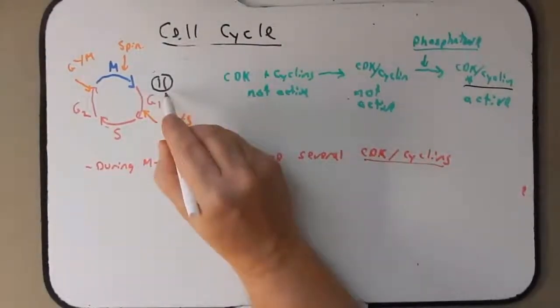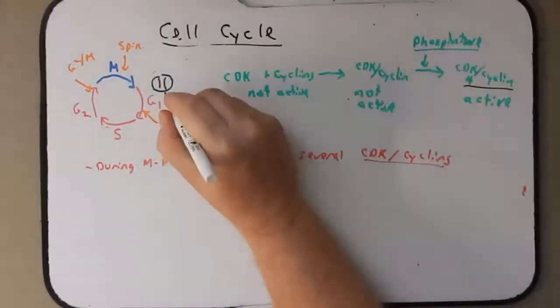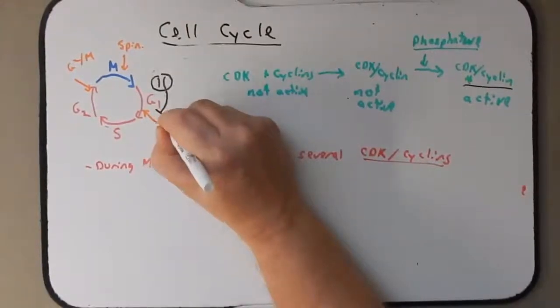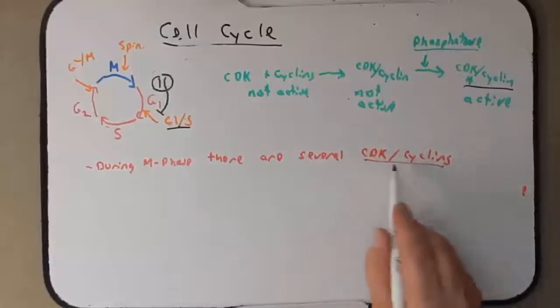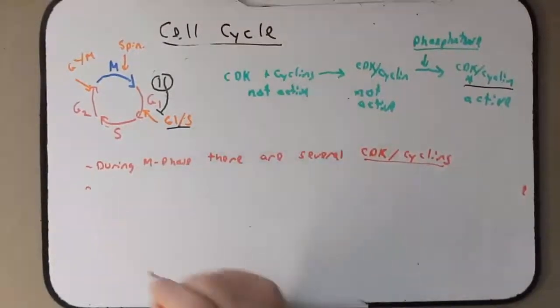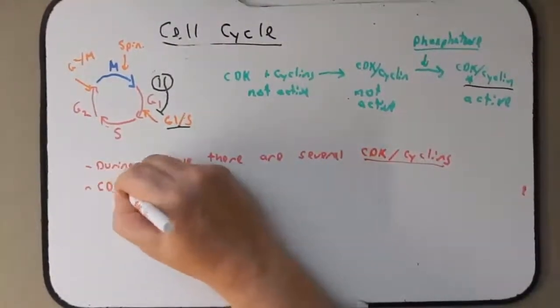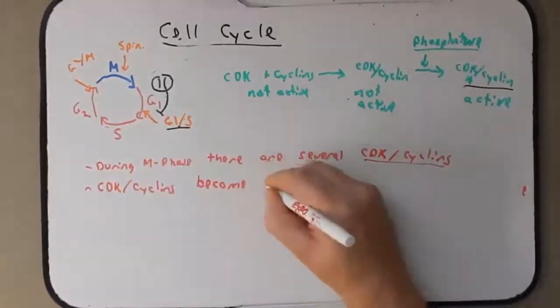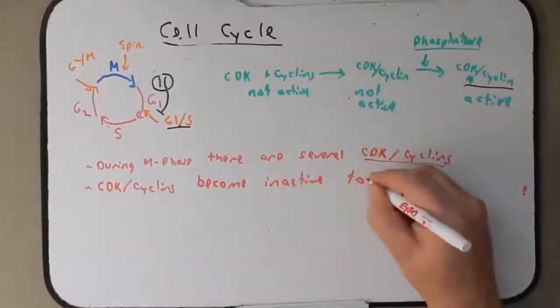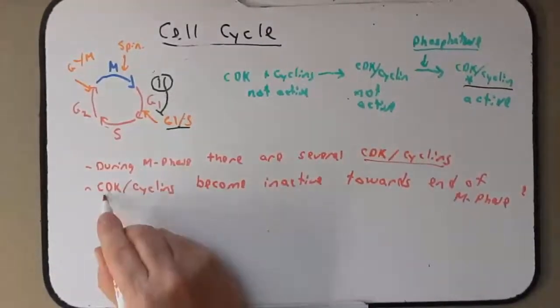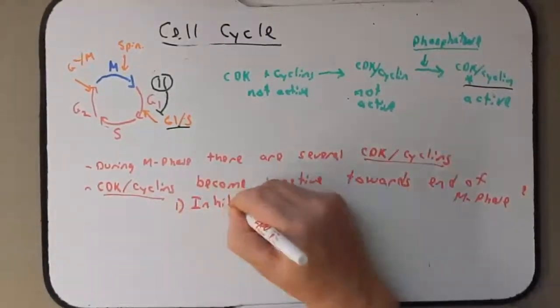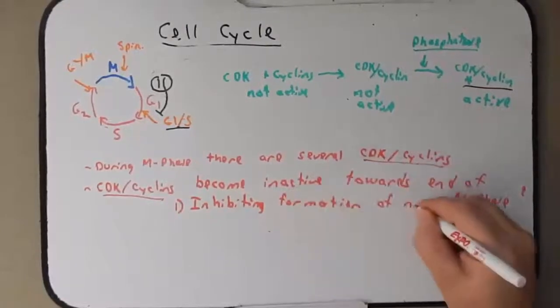So it's important that when this cell is produced, that it comes up to this checkpoint and stops. So the only way we can assure that it's going to do that is by getting rid of the CDK cyclins. So to accomplish this, CDK cyclins become inactive towards the end of M phase. Inactivating these CDK cyclins is accomplished by inhibiting formation of new cyclins.